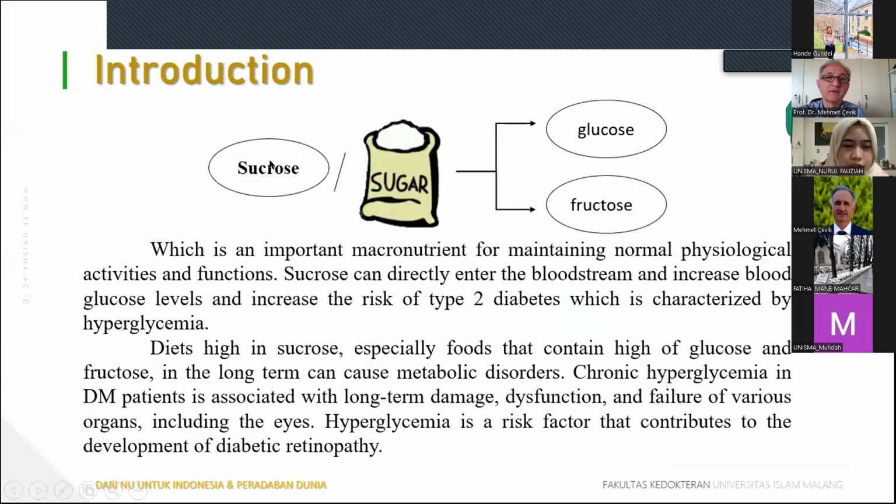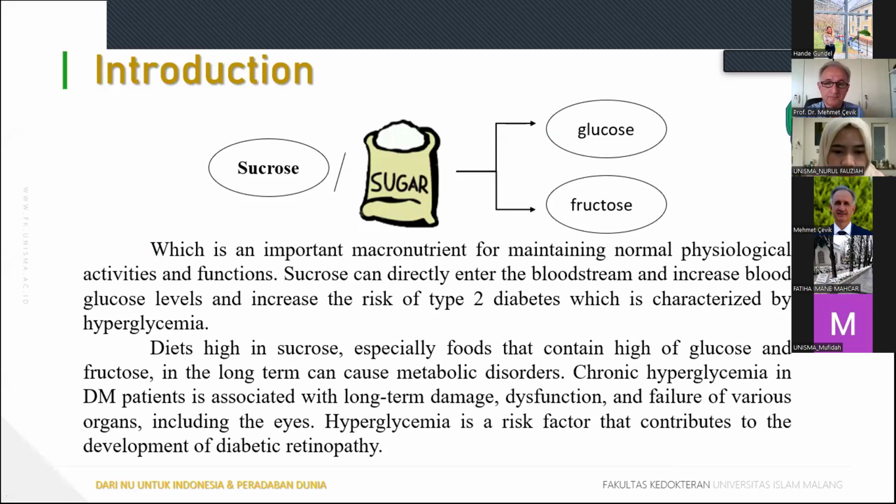Next, for the introduction, we know that sucrose or sugar is a disaccharide consisting of glucose and fructose, which is an important macronutrient for maintaining our normal physiological activities and functions. Sucrose can directly enter the bloodstream and increase the blood glucose level and the risk of type 2 diabetes, which is characterized by hyperglycemia.